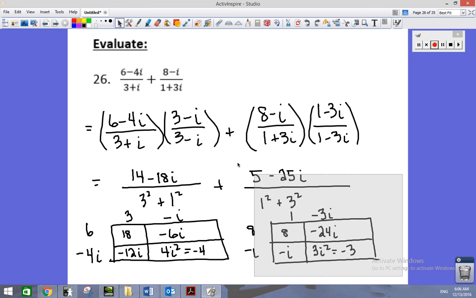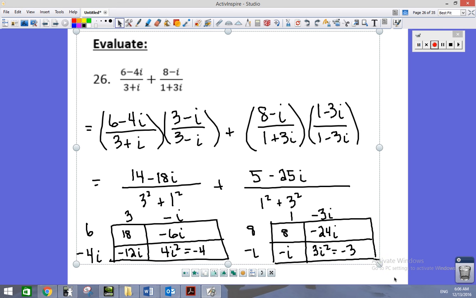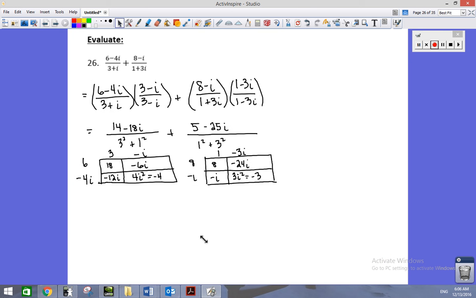So I can see that I'm going to have the same denominators. That's kind of nice. I have 9 plus 1, I have 10 as a common denominator. So I can just, I don't know why I made that so big. 14 plus 5 is 19, and negative 18i plus negative 25i.